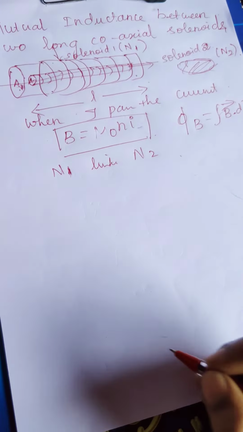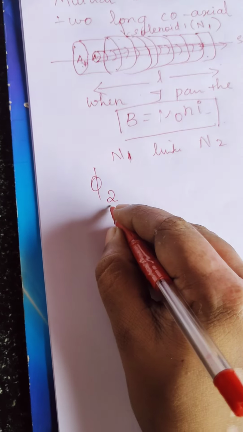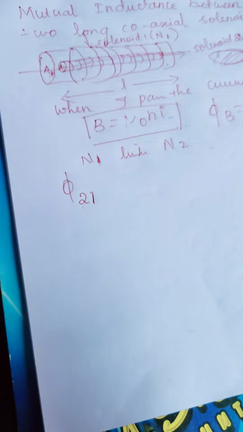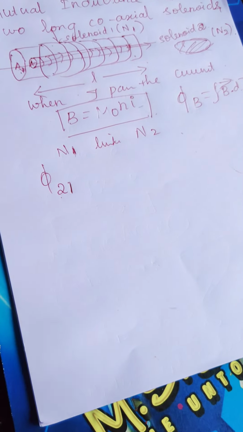So I can write the equation like this: the magnetic flux in area 2 due to 1.